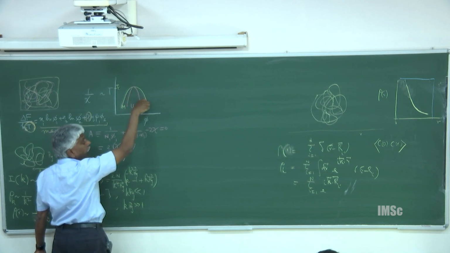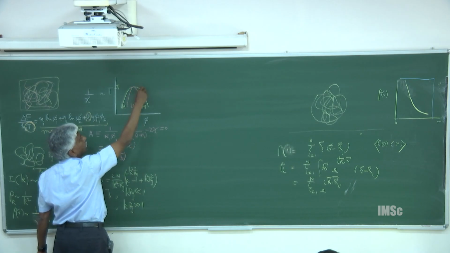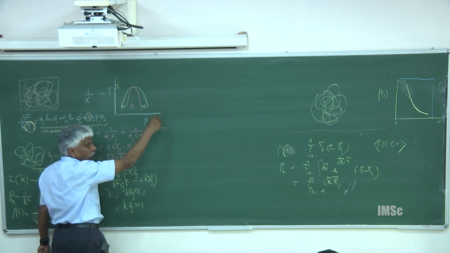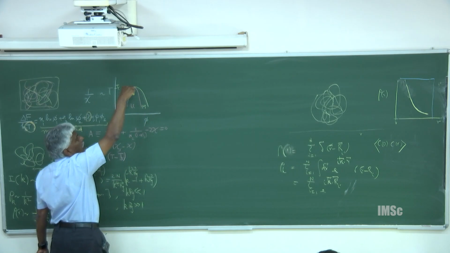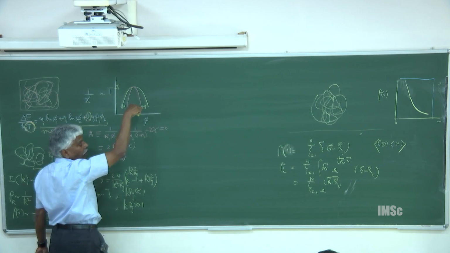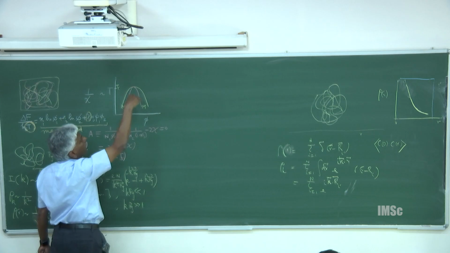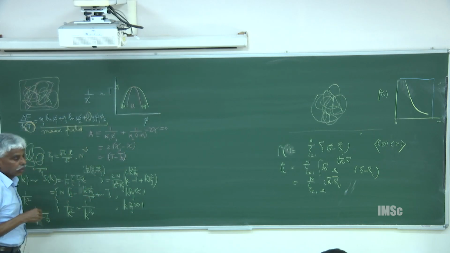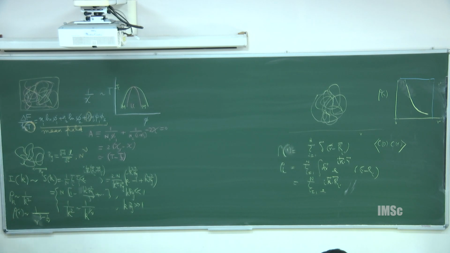That means I am going to quench the system underneath this yellow curve, and I can quench into the unstable region or into the metastable region depending upon the composition. And I would like to address what is expected if I quench here or there.